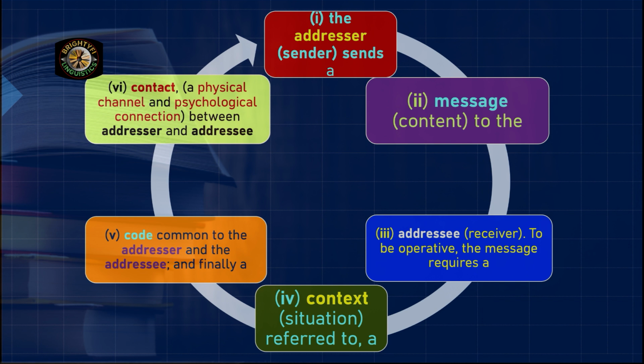So these are the 6 most important factors in the functions of language for any communication to be successful or to take place. And I think this is a very scientific analysis of the functions of language, or how communication takes place, or how communication should be successful.